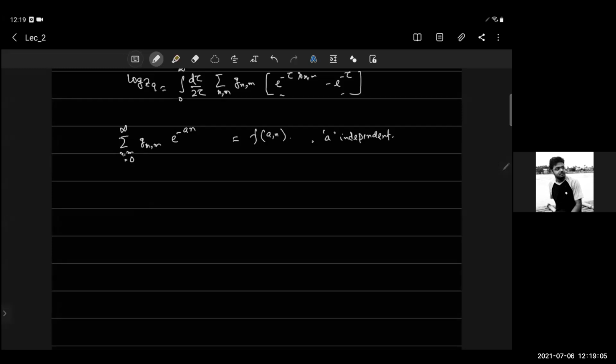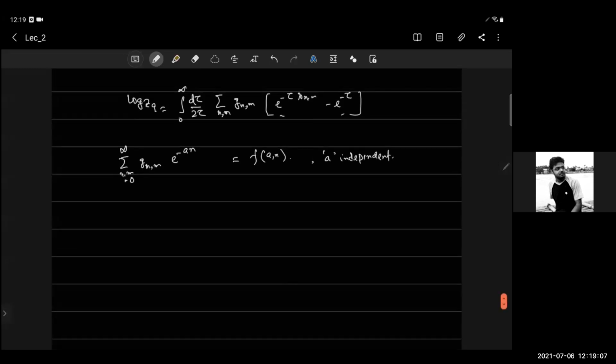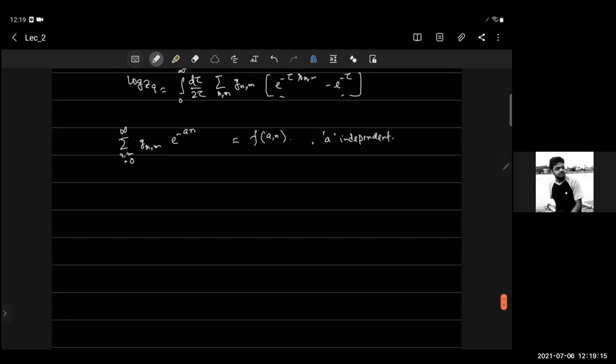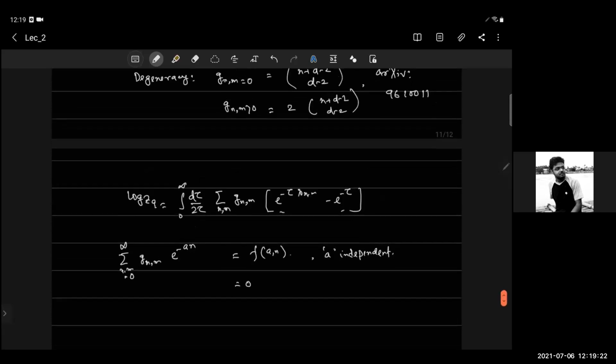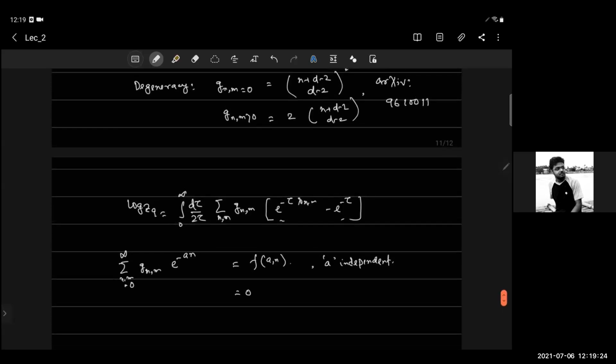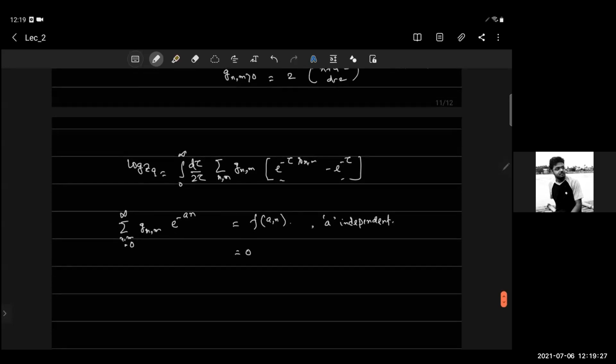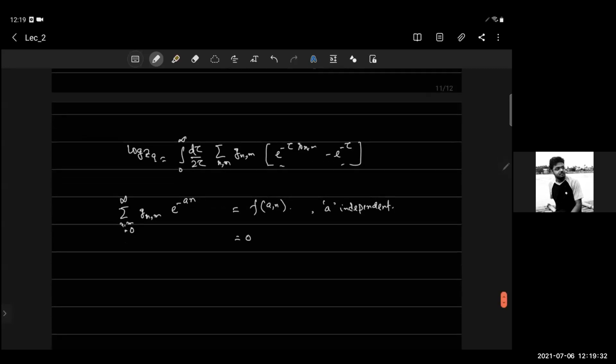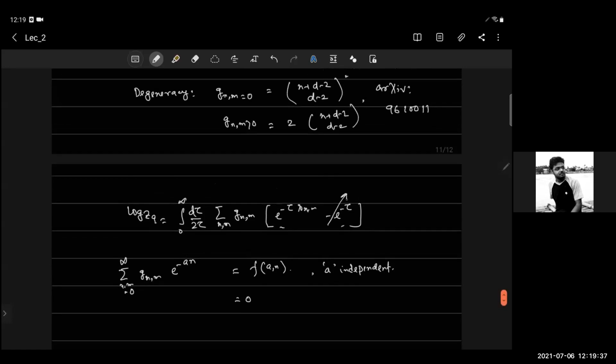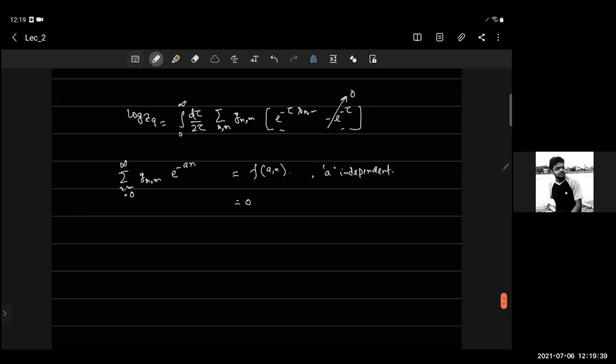Is the regularization prescription convincing? The a independent term turns out to be 0. I request you to do it. I've given you g_nm, and you perform this sum with the exponential regulator, Taylor expanding about a equals 0. This is convergent and the value is 0. Therefore, you can neglect the second term and proceed with the first term.